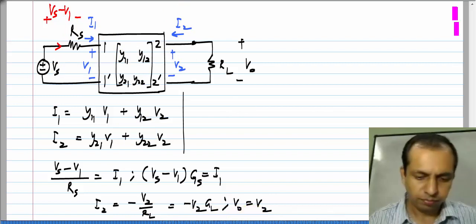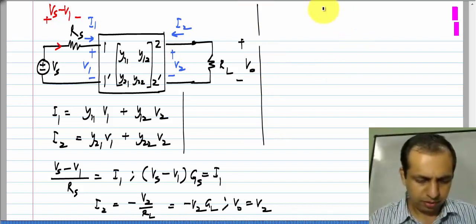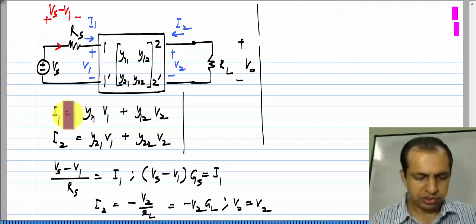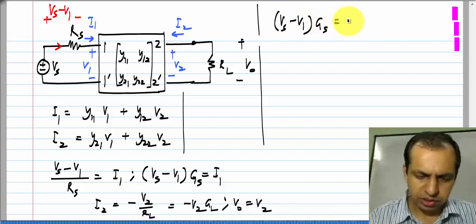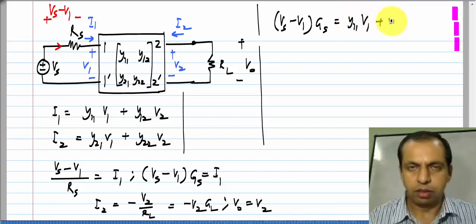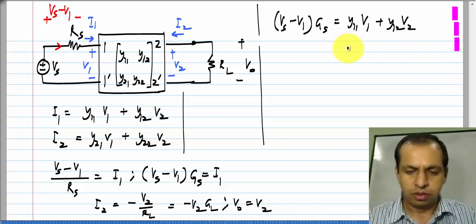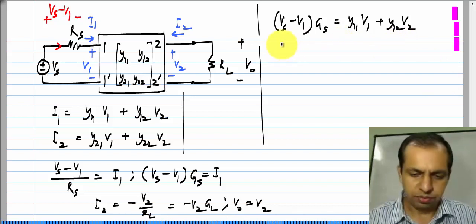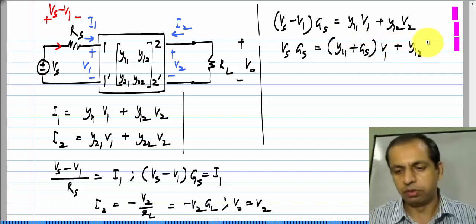Okay. So, let us go about doing that thing. So, I will first substitute this into the first equation. I will have V s minus V 1 times G s to be y 1 1 V 1 plus y 1 2 V 2. Okay. So, this gives you V s G s to be y 1 1 plus G s times V 1 plus y 1 2 V 2.